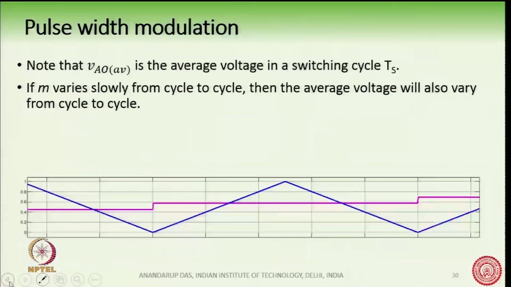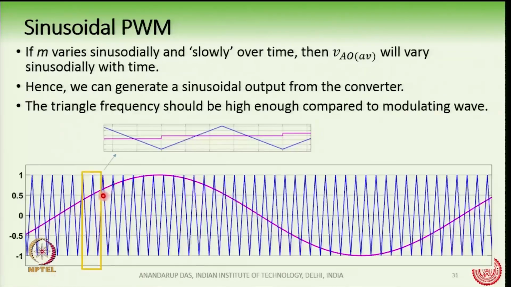That slide was a small window of this waveform, which was the full waveform. So, if m varies sinusoidally and slowly over time, then the VAO average will vary sinusoidally with time. Okay.